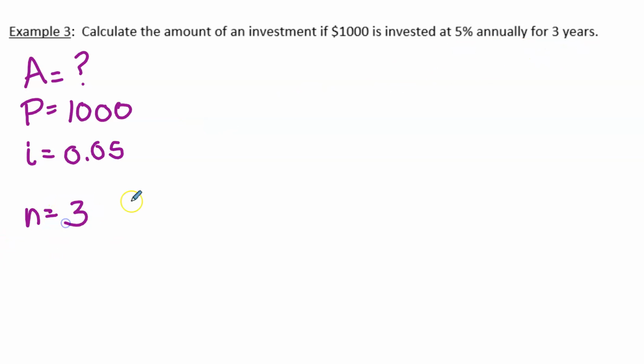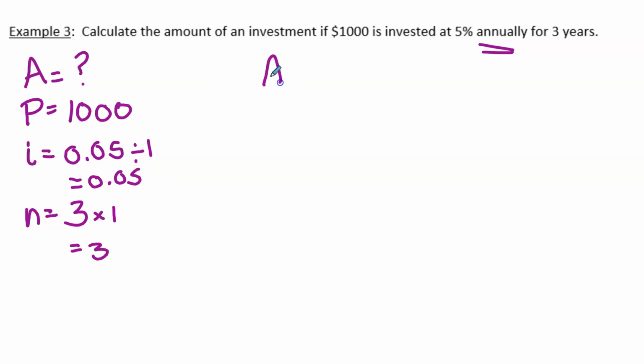Okay. But it says annually here. So annually means 1 time a year. Okay? So I'm going to write this out just because we always should. But dividing by 1 and multiplying by 1 will give you the exact same thing. Okay, so my I is 0.05 and my N is 3.